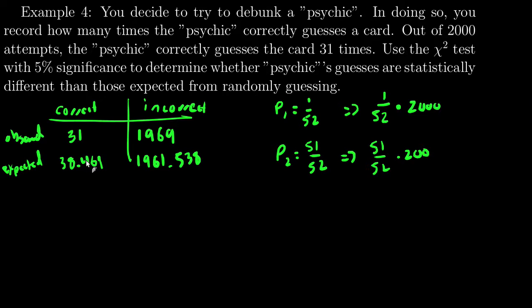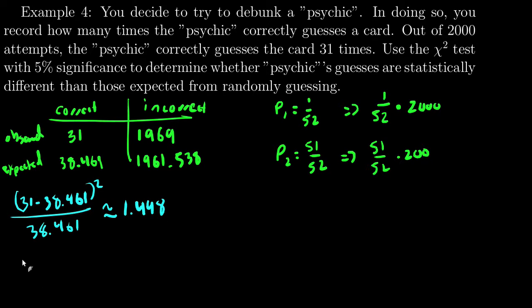So you can see right away this psychic is below guessing at this point. And I'll do the same computation, so I do 31 minus 38.461 squared divided by 38.461, and that's going to be approximately 1.448.